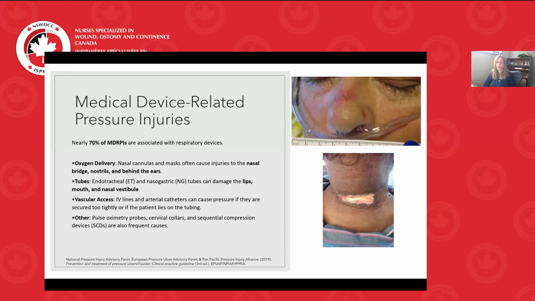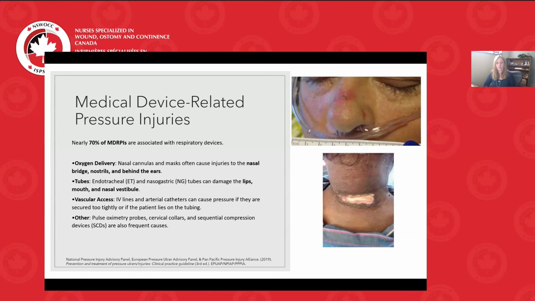Nasal cannulas, though, are the most common cause of injury to the nasal bridge, behind the nose, and the nostrils. You can see in the picture, this is a patient who developed a pressure injury to her nose from an oxygen mask. The bottom is a patient who developed a pressure injury to her posterior neck because the trach ties were too tight on her.